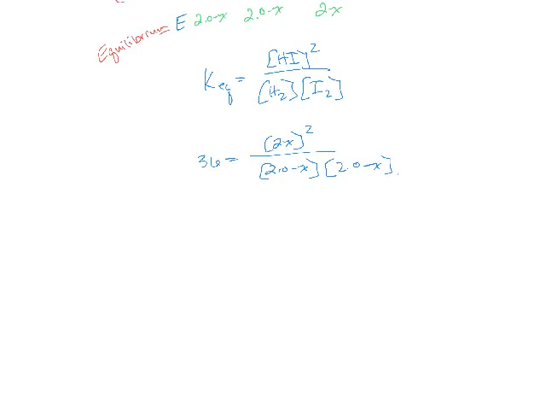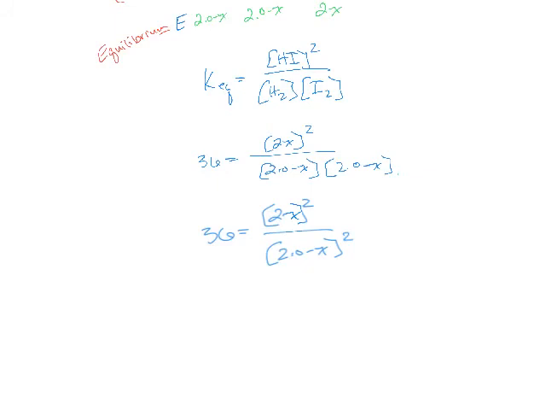If you wanted to write this a different way, you could say that 36 is equal to (2x) squared over (2.0 minus x), and since it is multiplied the same, you could say that that is squared. So if you expanded this, 4x squared over 4 minus 4x plus x squared equals 36, it starts to get a little bit more complicated.